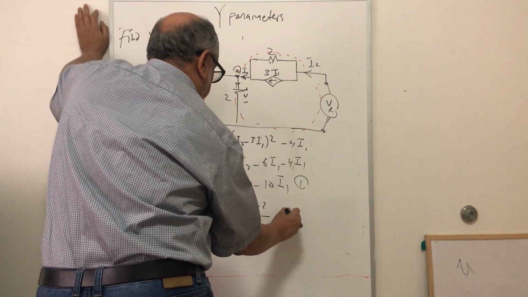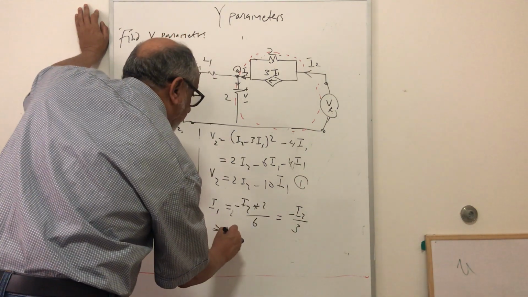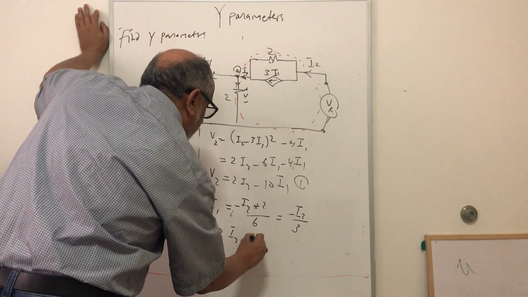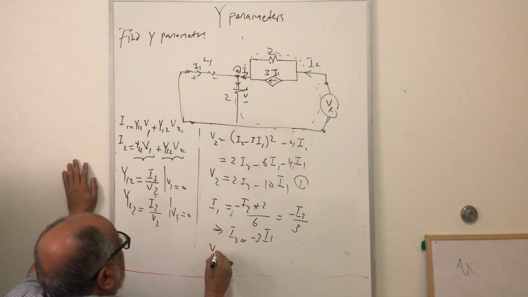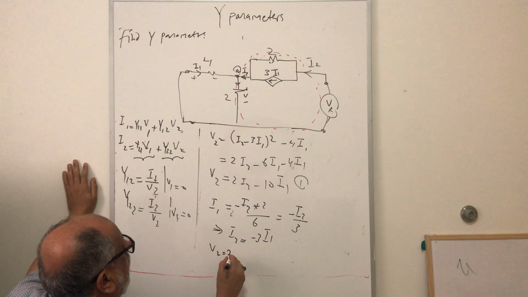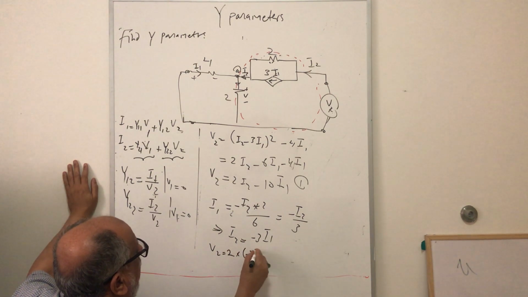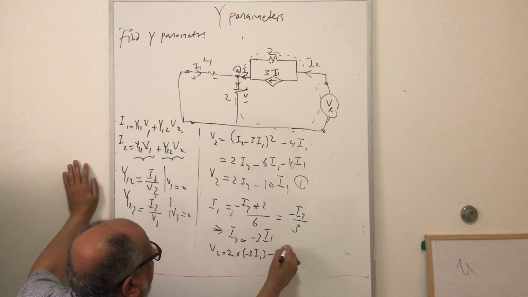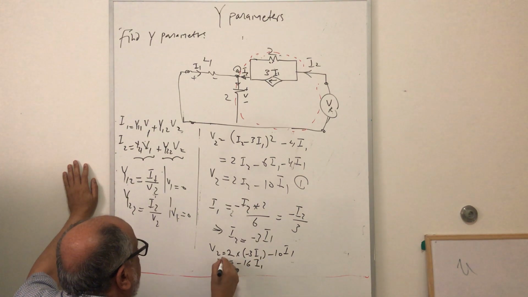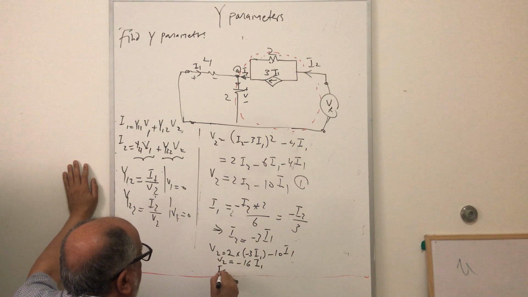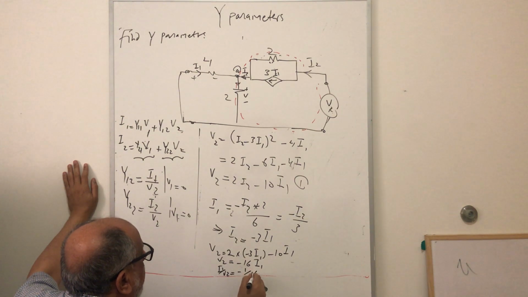So that will give me minus I2 over 3, from which we can say that I2 equal to minus 3I1. Now if I substitute in the equation for V2, then we have V2 is equal to 2 into I2, which is minus 3I1, minus 10I1. So that will give me minus 16I1, that is V2. Or I1 over V2 is equal to minus 1 over 16.